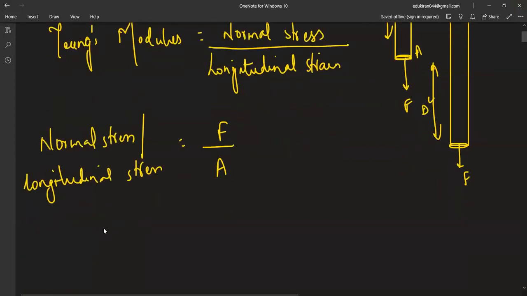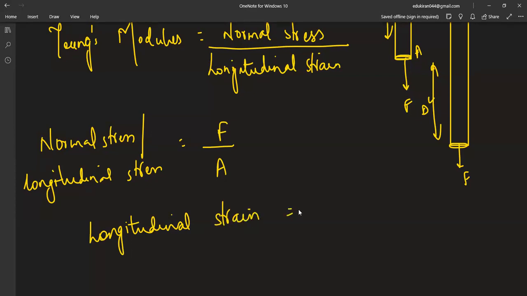Now, what is the formula of longitudinal strain? Longitudinal strain is change in dimension by original dimension. So here the dimension which is changing is length. So what is the change in length that has occurred? Delta L, which is the elongation. And what was the original length?